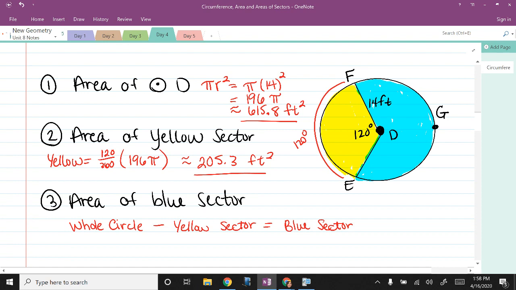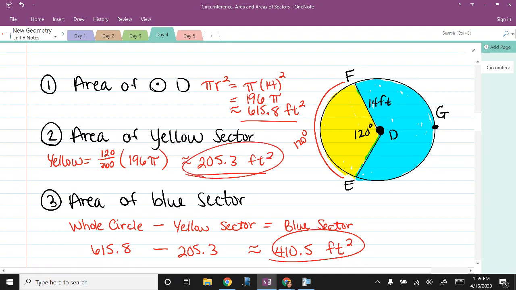So the area of the whole circle was 615.8 approximately, minus my area of my yellow sector was 205.3 approximately. So I'm just going to subtract those. And again, I have rounded those numbers, so I'm going to use approximately. So when I subtract those, I get about 410.5, and that's going to be square feet for my area of my blue sector.